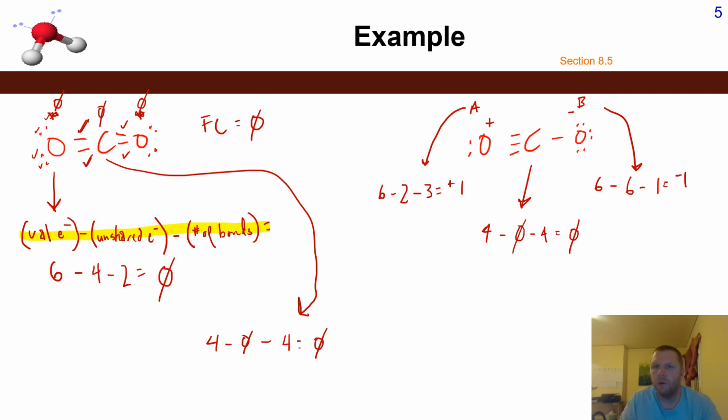Okay, so now we're looking at 2 different molecules. One of them, this guy right here on this side of the screen, is the correct structure, because every single element has a formal charge of 0. The opposite, where we've got our triple bond, well, that's a decent entry because the net formal charge for that molecule is 0, but we've got a positive end and we've got a negative end.